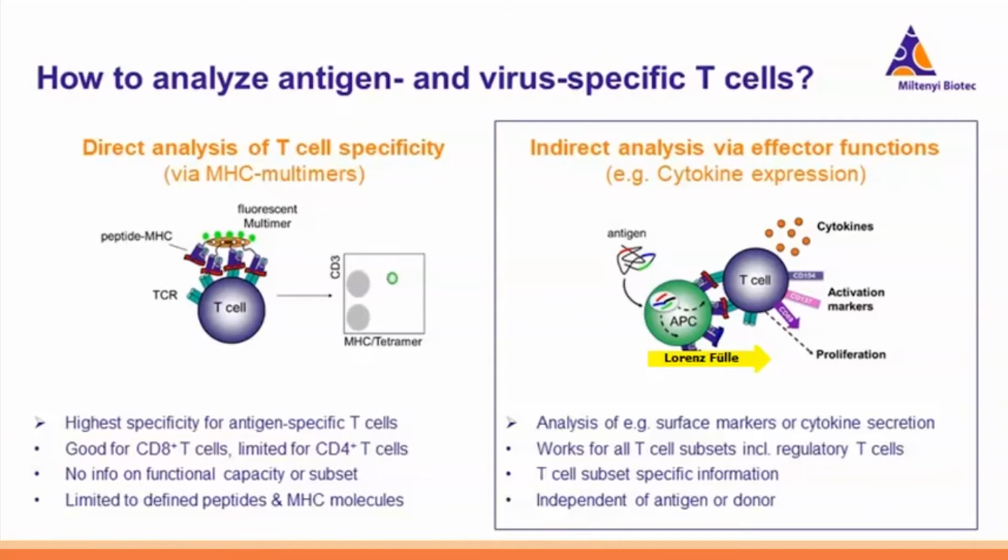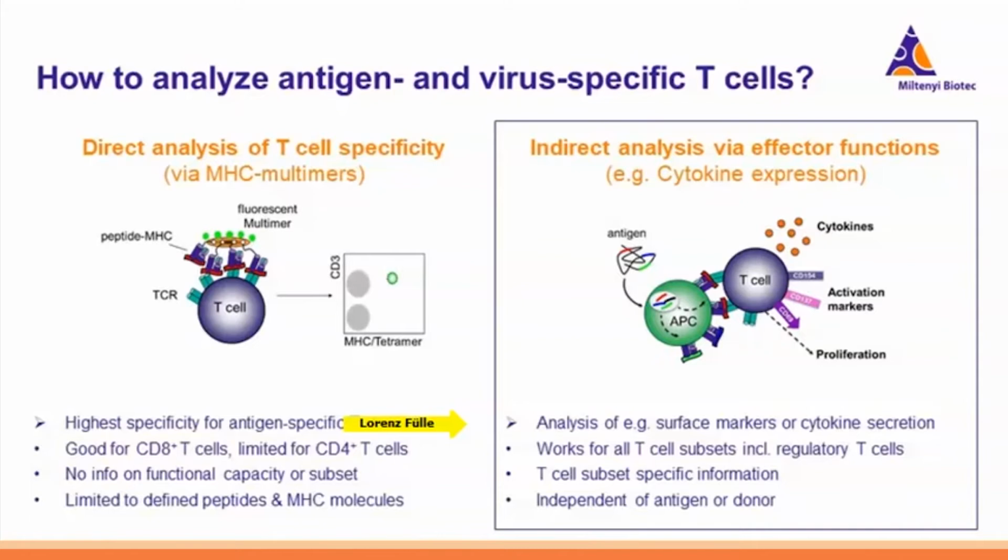In contrast to the direct analysis methods, the indirect methods work very well for all T cell subsets. They provide T cell subset specific information and are mostly independent of the investigated pathogen or the MHC status of the donor. However, most importantly, the biggest advantage is that all the relevant information can be obtained using flow-based assays.